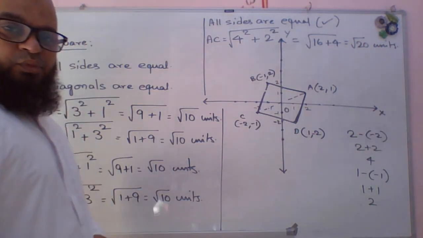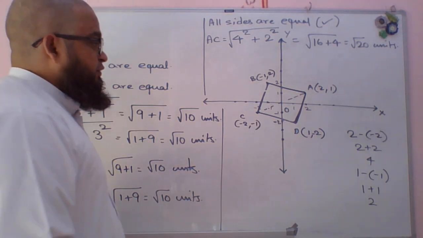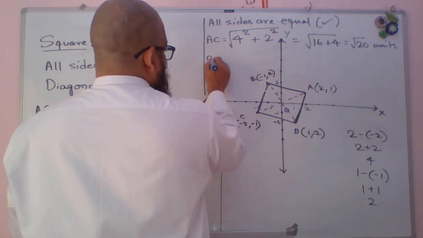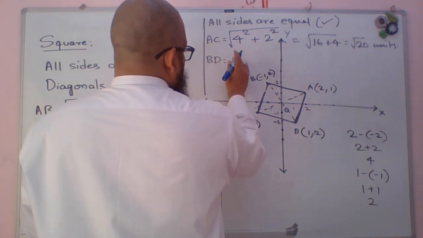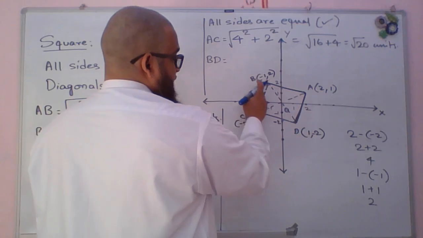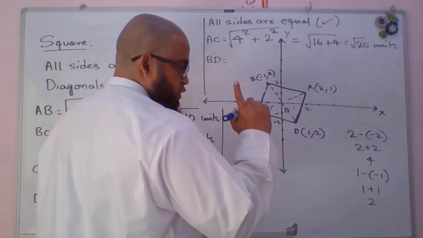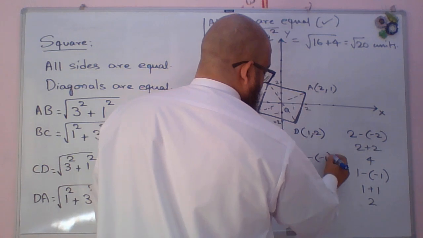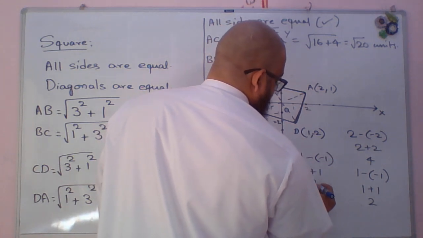Is it right? Now let us find the next diagonal. What is the next diagonal? PD. So first, what you are supposed to find? Difference of x coordinates. Minus 1 and 1. Which one is bigger? 1 is bigger. 1 minus minus 1, 1 plus 1, that is equal to 2.